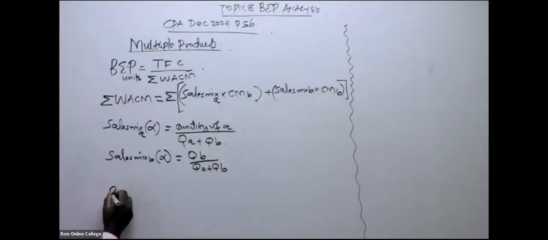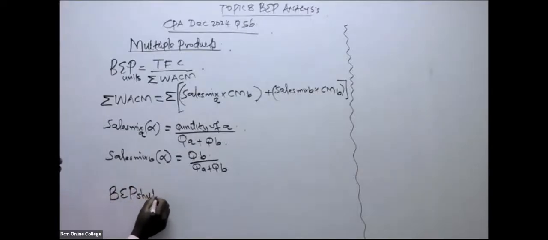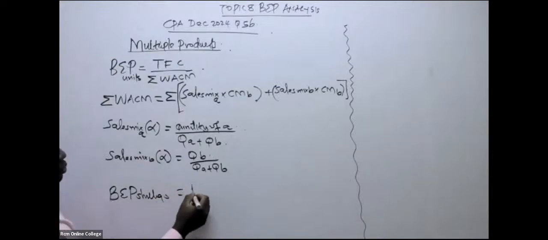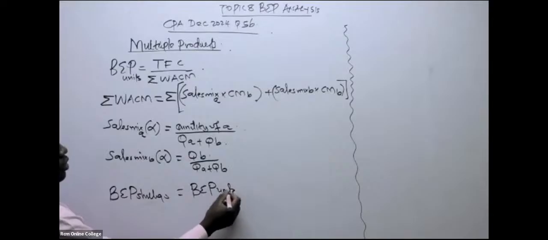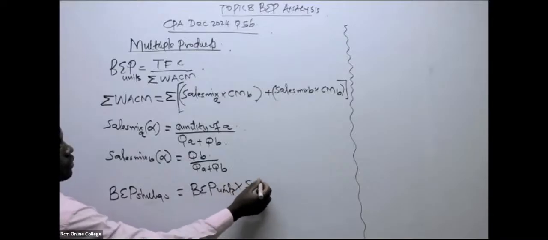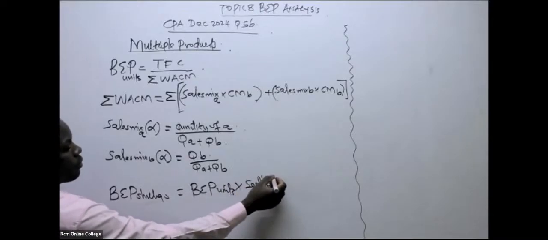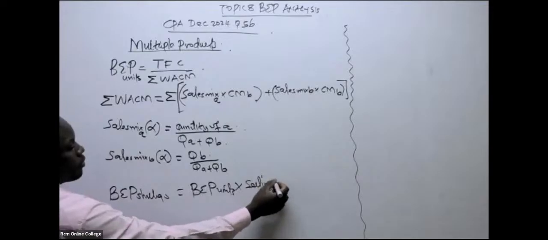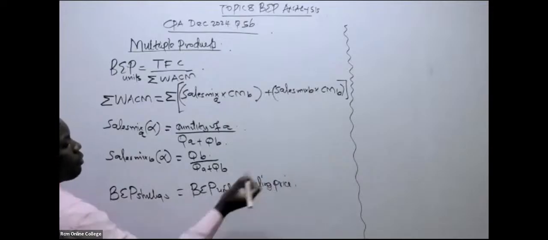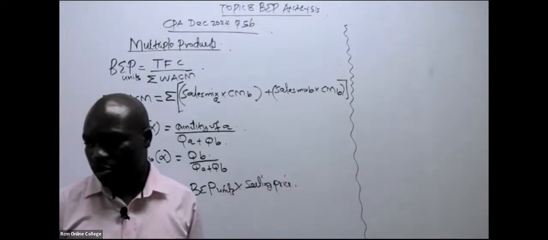So break-even point in shillings will be equal to break-even point in units multiplied by selling price per unit. Good.